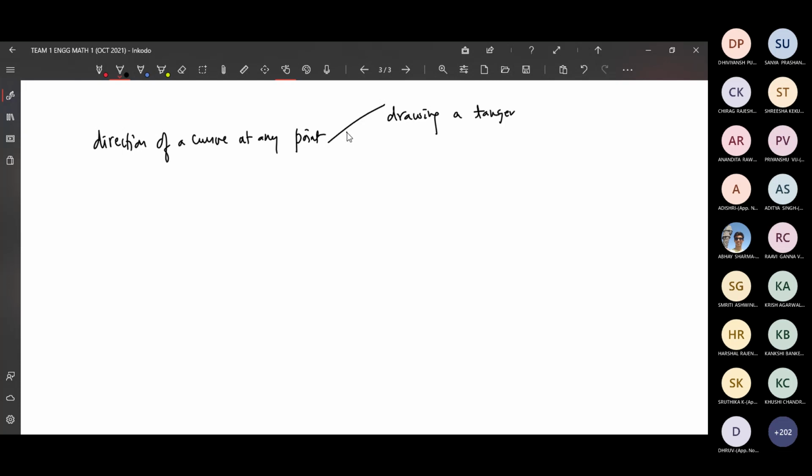This is very fundamental. In other words, the slope is given by dy by dx at that particular point. That means dy by dx at that point gives the slope.